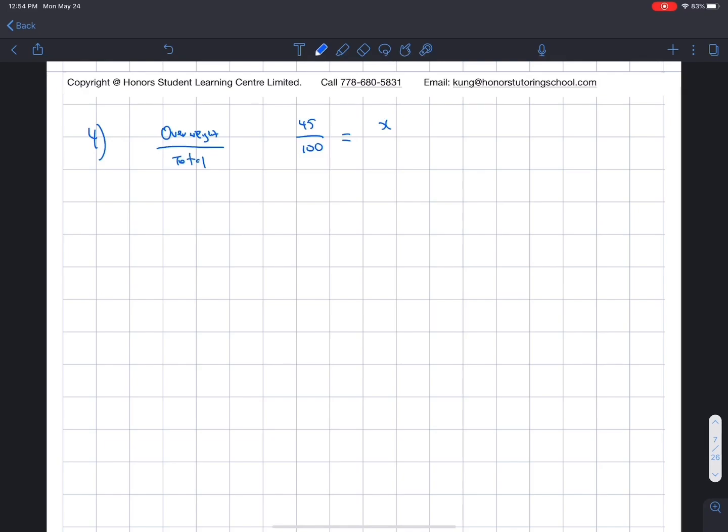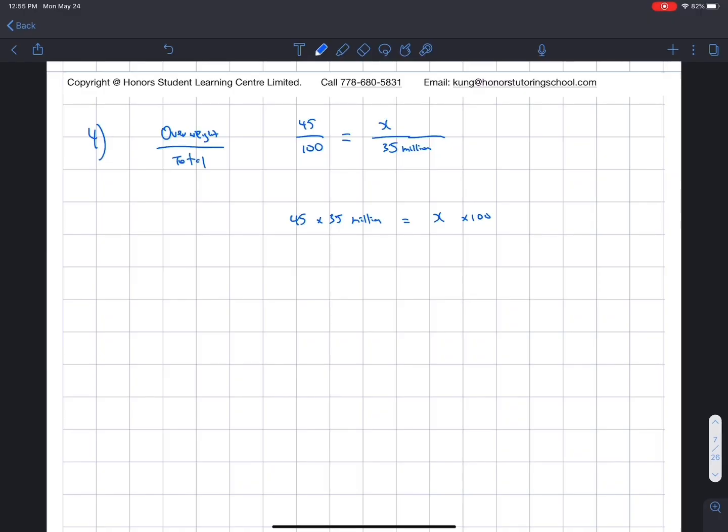So we'll let X be the amount of people that are overweight. And in total, we have 35 million people. So now what we can do is we can just cross multiply. I get 45 times 35 million equals X times 100.